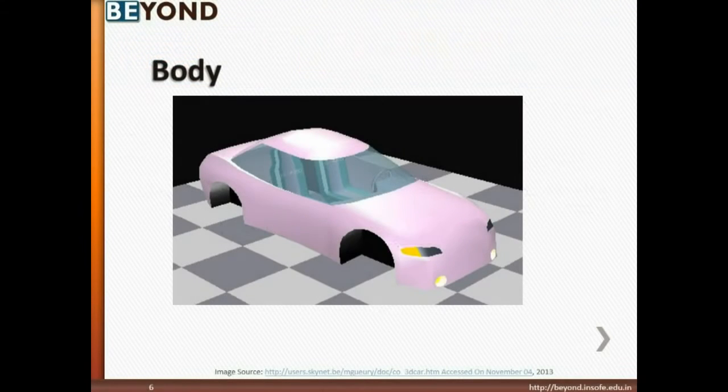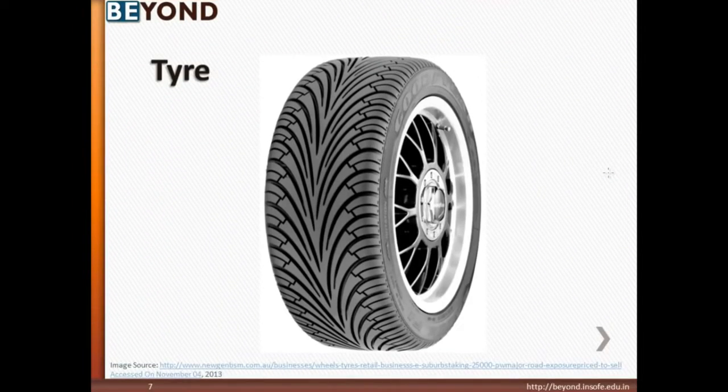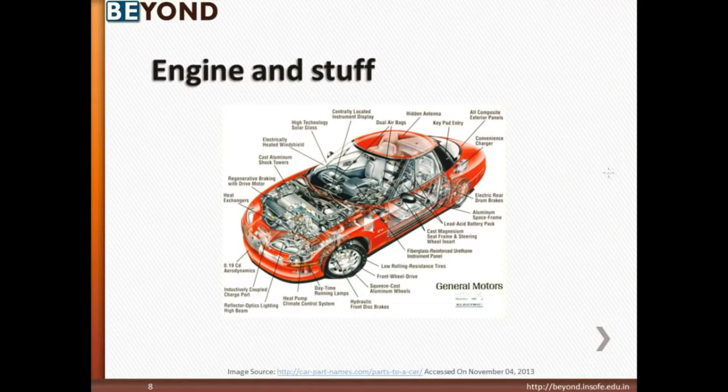Now let me actually get into the tougher part, the body and the engine. This is obviously going to be more complex than the rest of them. So let me first look at the engine part before coming down to the car's other parts. There is a regular car.